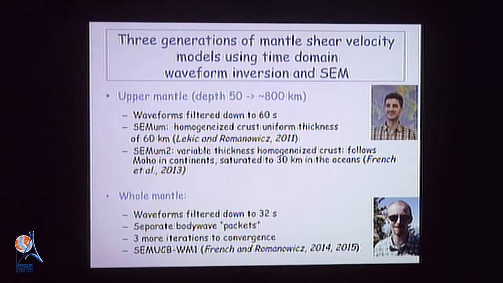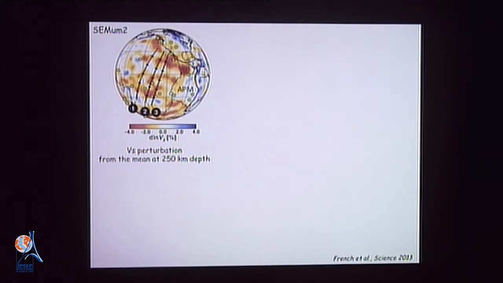So first of all, the upper mantle, I will not spend much time on it because I've already talked about this here at IPG. But the salient features of the upper mantle models is the presence, basically in the upper mantle but around 250 kilometers depth most clearly, of elongated structures here in the ocean basins, here you see in the Pacific, that are elongated in the direction of absolute plate motion.